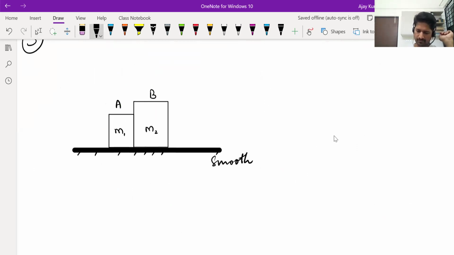Let's assign some masses. Suppose block A's mass is 2 kg and block B's mass is 3 kg. This time, we are applying some force from this side. Some extra force is being applied. Let's say some 20 Newton.